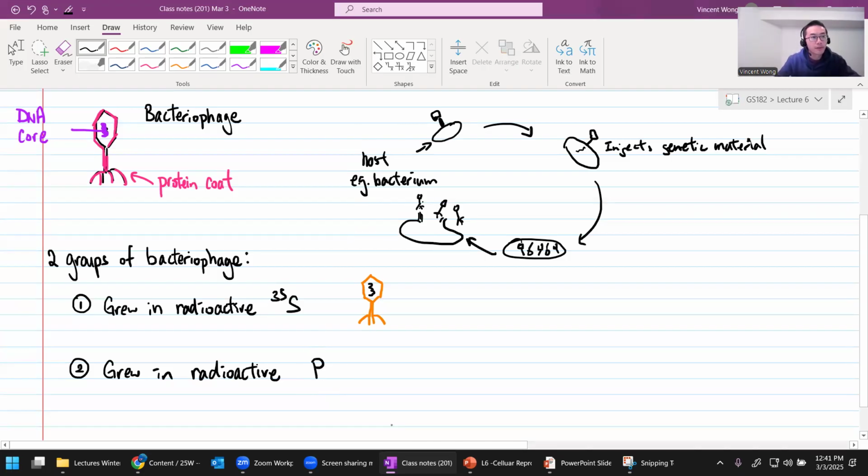Phosphorus. Okay. Phosphorus is only found in DNA but not in the proteins. And so they use radioactive phosphorus 32. Okay. And this time, the viruses would have a normal protein shell, protein coat, but the DNA inside will be radioactive. Okay. Are we together so far?